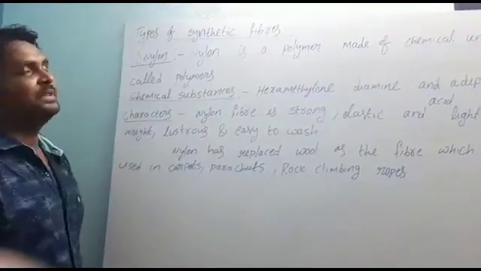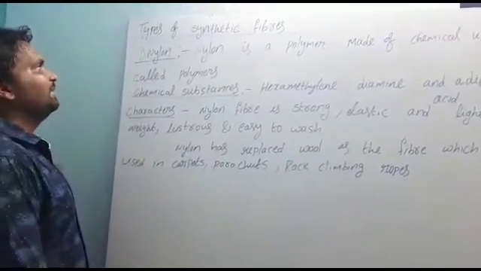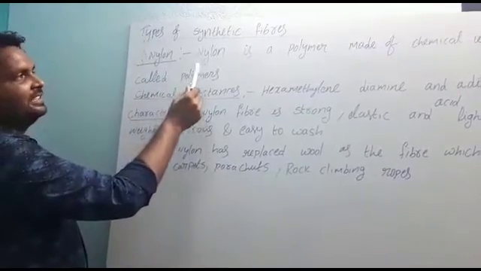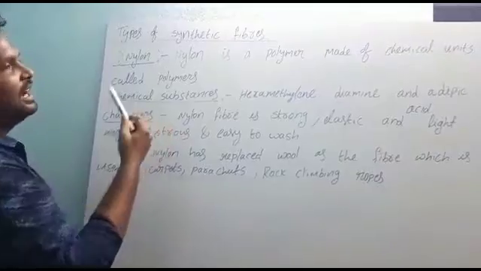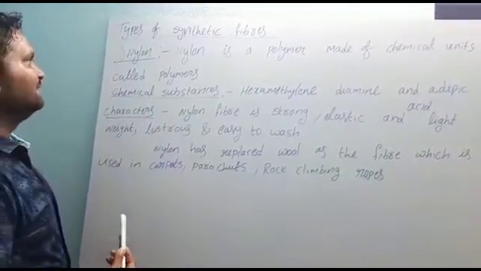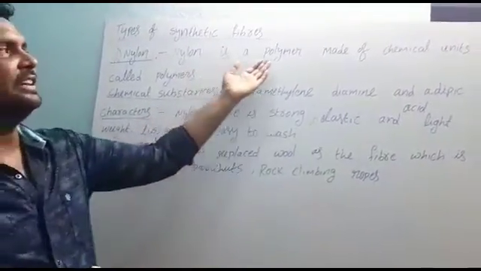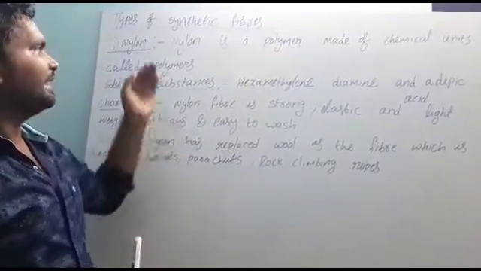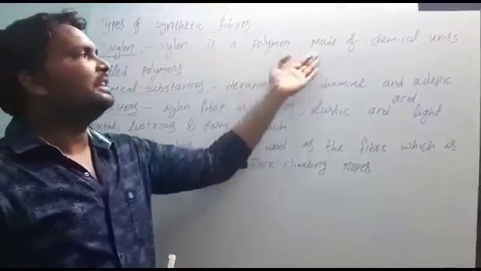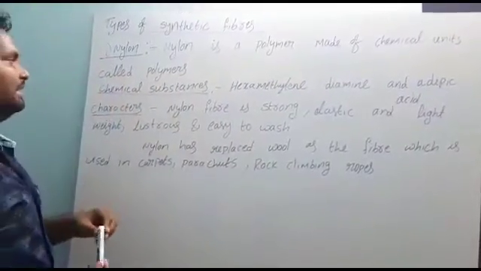We will see some types of synthetic fibers. The first one is nylon. Nylon is a polymer made of chemical units. I already told you synthetic fibers are made of polymers, so nylon is also a type of polymer made of chemical units.